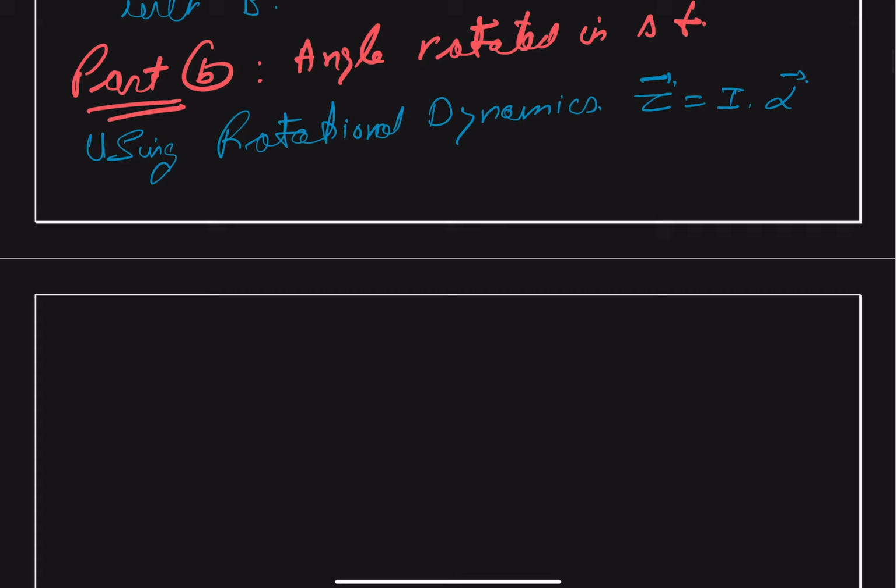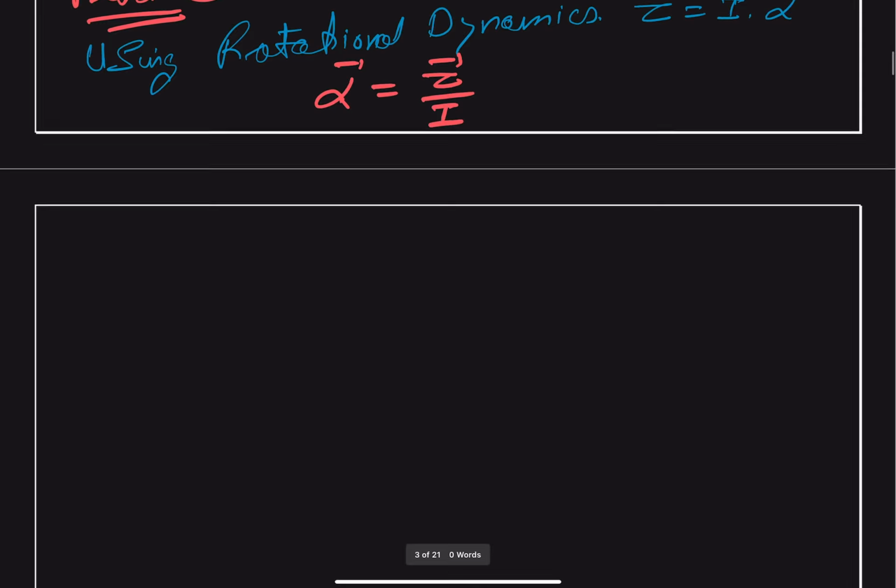From here we can write our angular acceleration alpha is equal to torque divided by moment of inertia, and it is given that torque is constant and initial velocity is equal to 0.